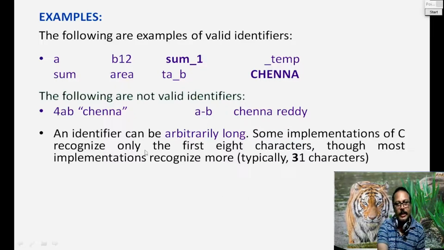An identifier can be arbitrarily long. There is no limit on the size, but it again varies from compiler to compiler. There will be certain issues which vary from compiler to compiler. These are minor things, we need not bother too much about them, but there will be some minor variations.